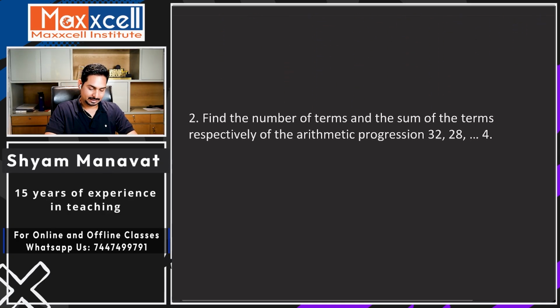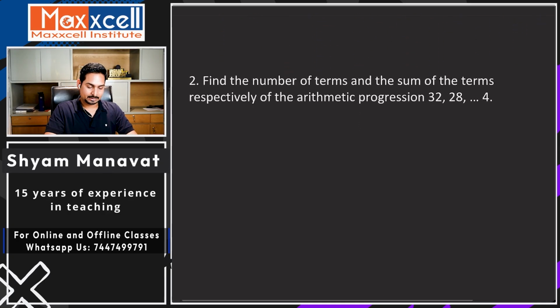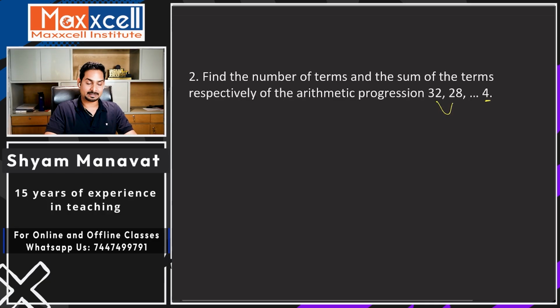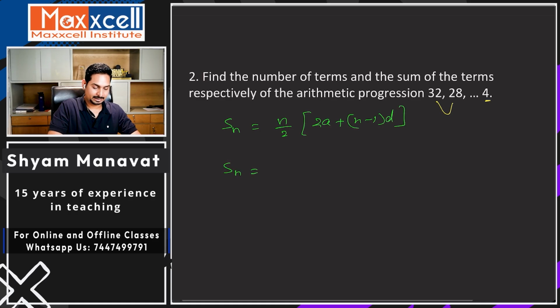Next example ऐसा है जहां पे आपको यहाँ पे last term दिया है. ओके, हालांकि देखो common difference भी आप निकाल सकते हो यहाँ से, but let's try using the other formula. आपके पास दो formulas हैं ना, sum of n terms of arithmetic progression के. The first formula, जो हमने पिछले example में देखा, n by 2 into (2a plus (n minus 1) into d), and the second formula is n by 2 into (a plus l), first term plus last term.